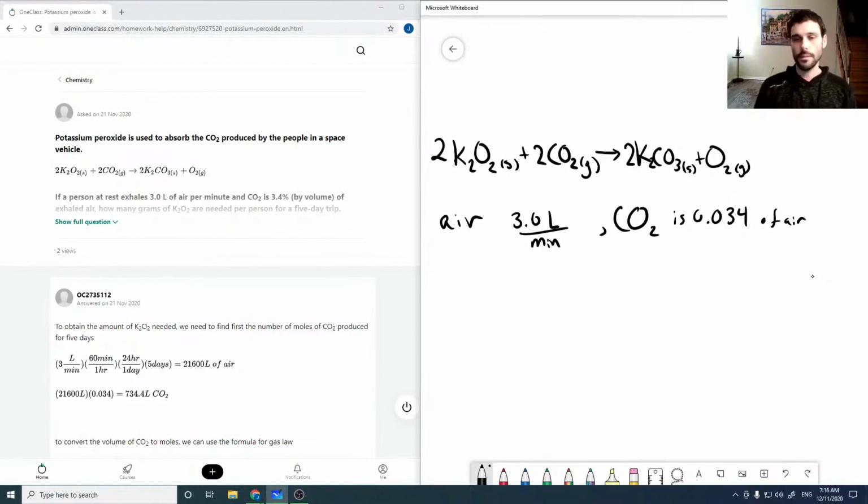So that means that for our CO2, we are creating 0.034 times 3.0 liters per minute. Okay. And then the question asks, how much potassium peroxide in grams do we need for a 5-day trip?